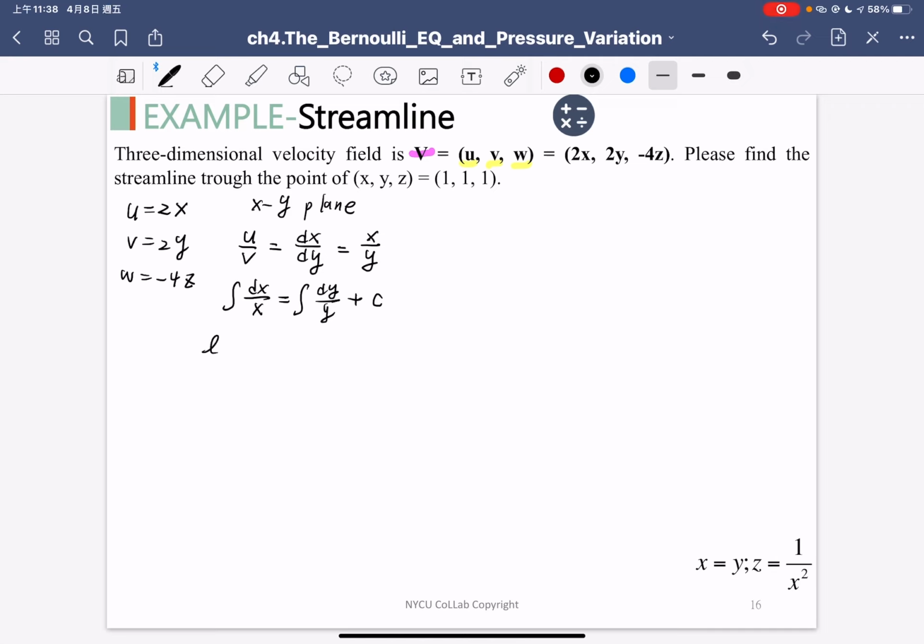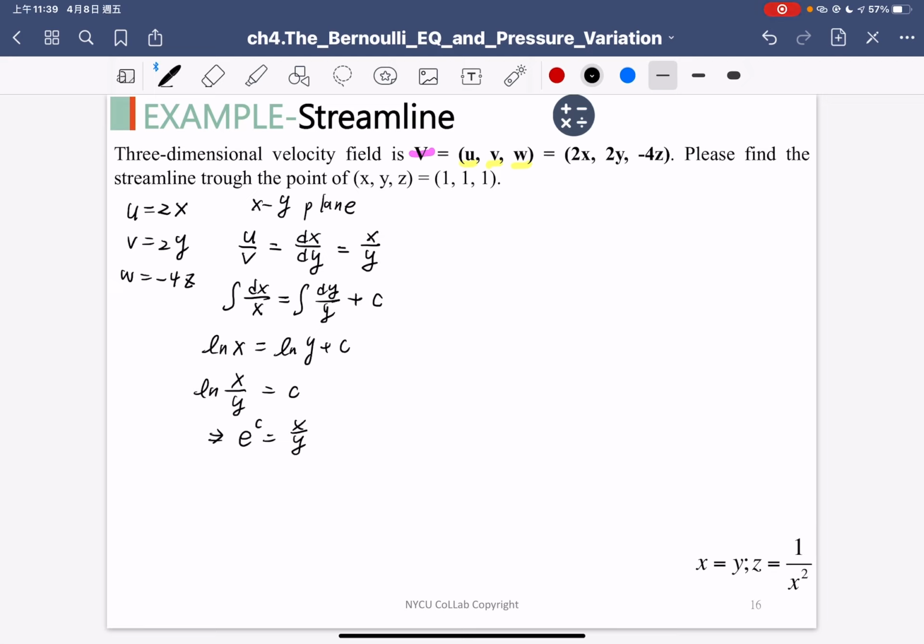So we know that ln x will equal ln y plus c. So ln x divided by y will equal the constant value.